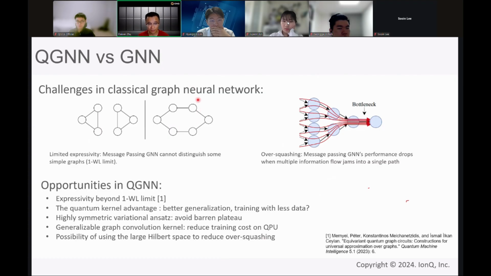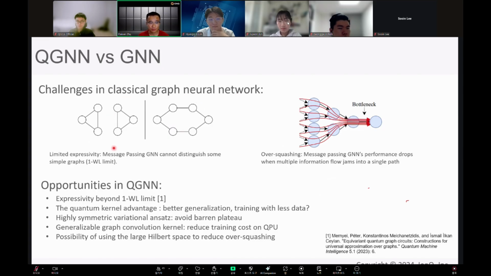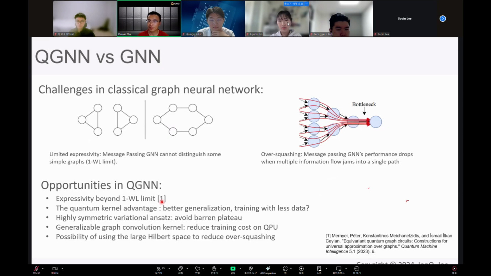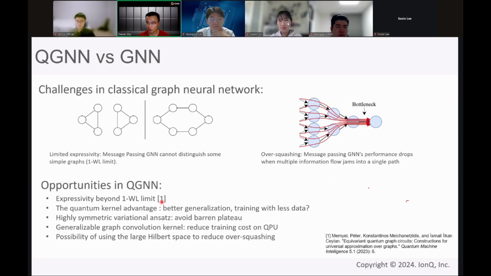One is that the classical graph neural network has a representative power, an expressibility bound, that is known to be limited. With quantum, people have shown in this paper that your quantum neural network designed that way can have higher expressibility, meaning the category of functions it can represent is larger. So in that sense, it's more powerful, right?